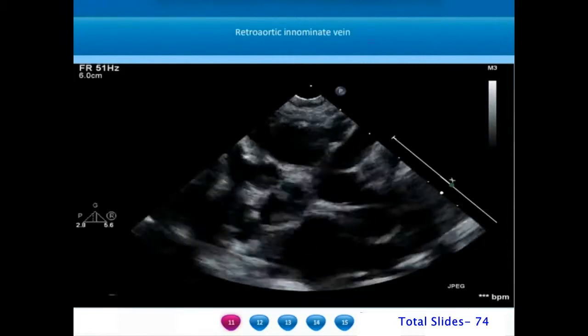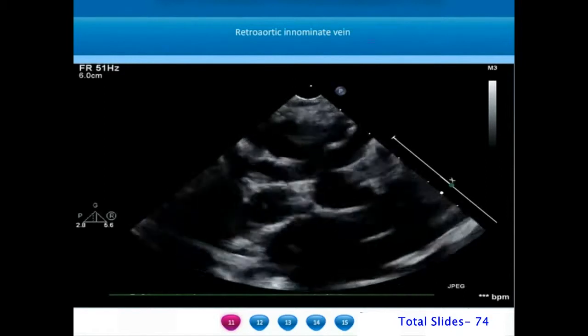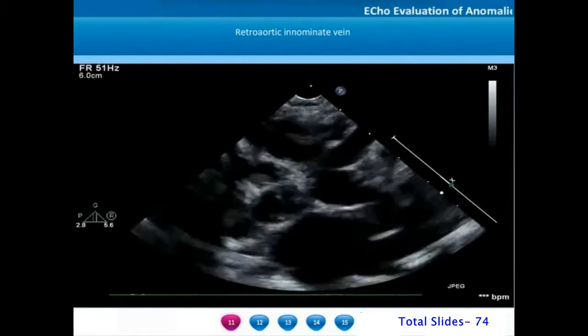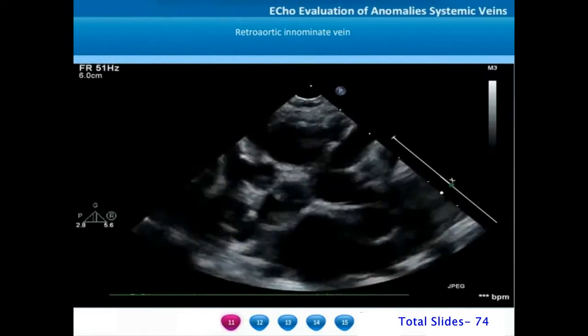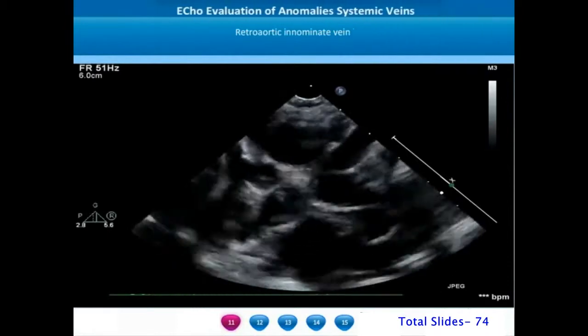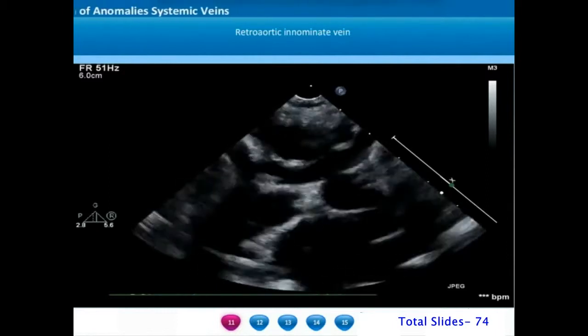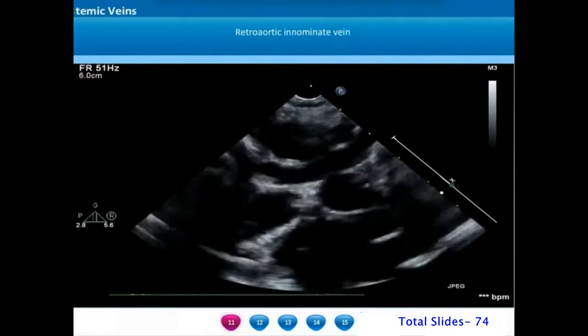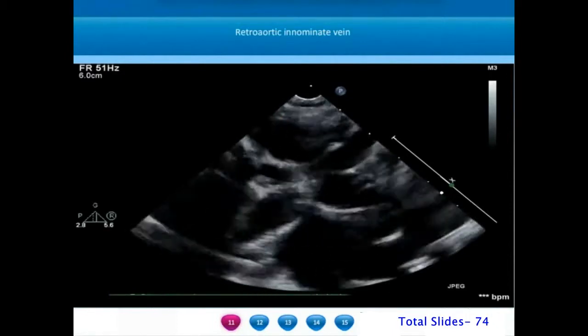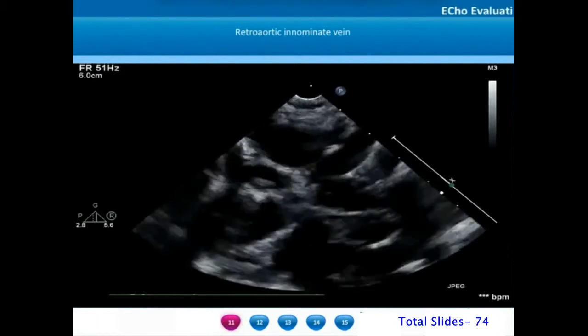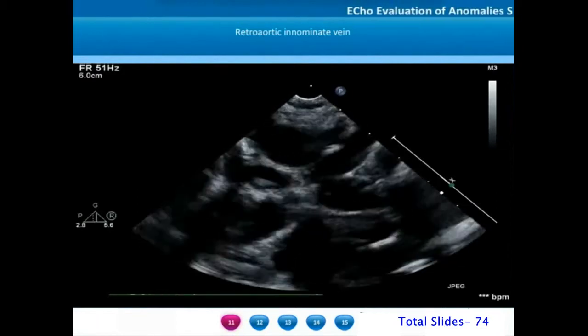In some patients, the left innominate vein may course below the aortic arch and behind the ascending aorta, and this is described as a retroaortic innominate vein. Both the innominate veins join together to form the right superior vena cava, in this instance at a slightly lower plane.